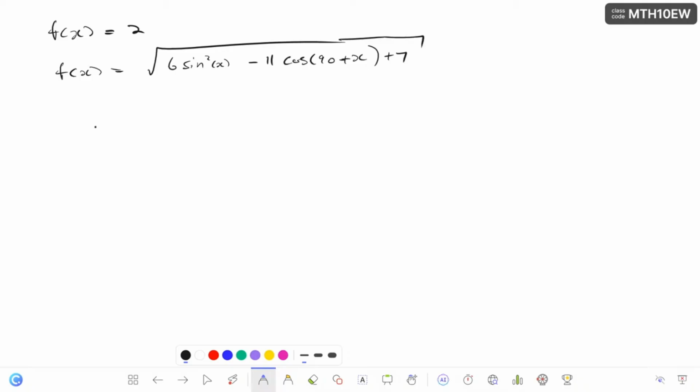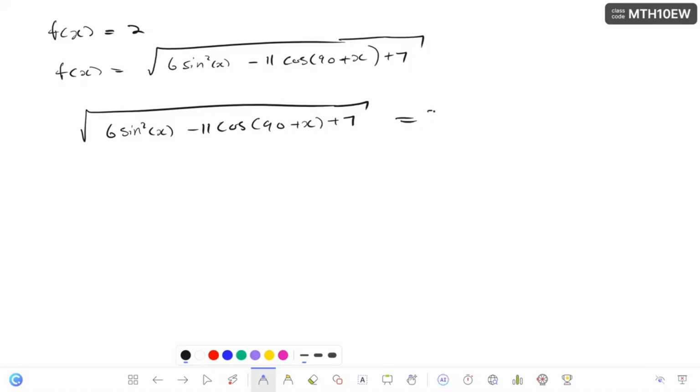So here we are simply going to say the square root of 6 sine squared x minus 11 cos of 90 plus x plus 7 is equal to 2. So in order to remove the square root, we are going to square both sides.